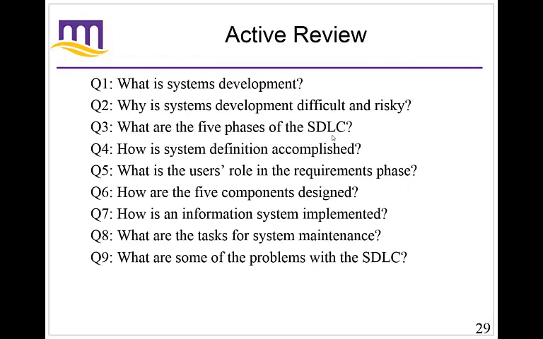All right, so today we talked about what is systems development, and this is the process of designing and understanding the process for creating a new system, in particular how does the information system fit within that. But why is this so difficult and so risky?